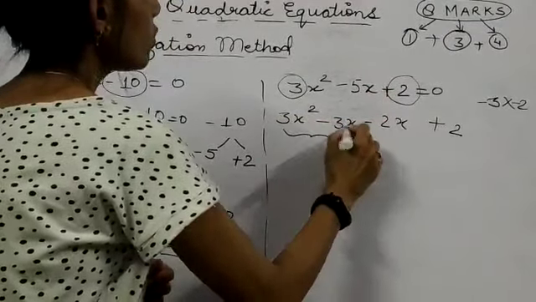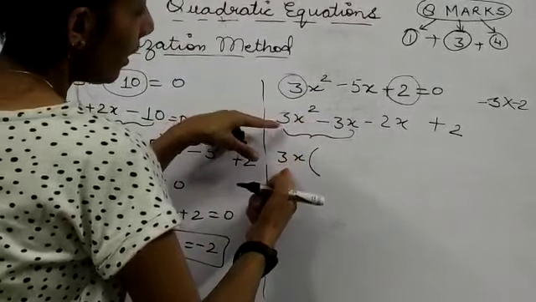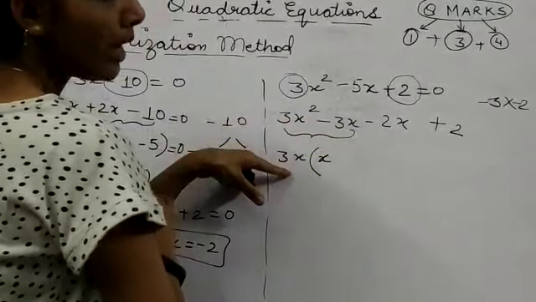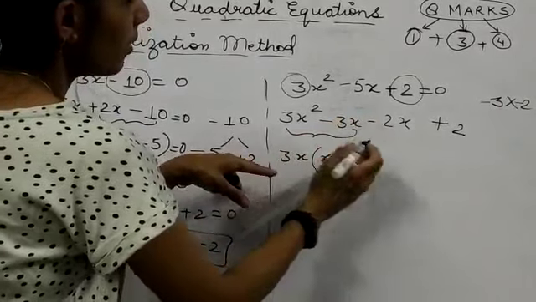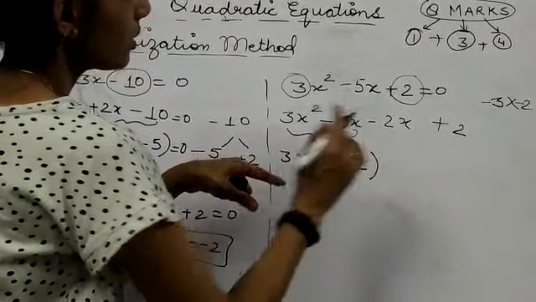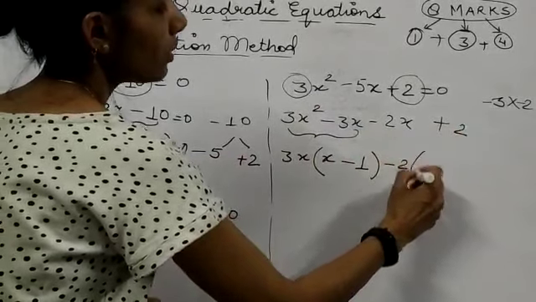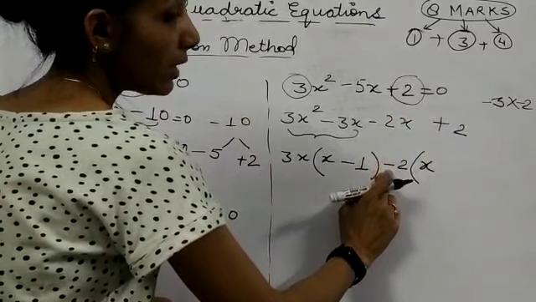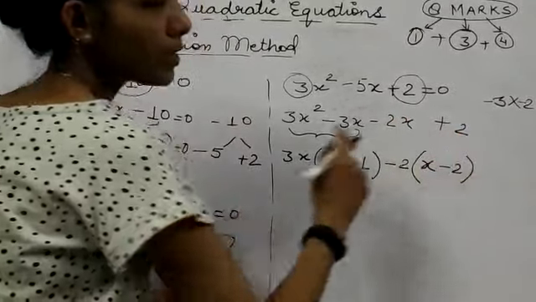Now out of these two I can take 3x common. 3 and x I have taken out, so here it is only x. I am left with x minus this term has come out, so nothing is remaining, that means 1. Now again I can take minus 2 common from here, x, and then I have taken minus sign outside, so this sign will be converted into minus now.